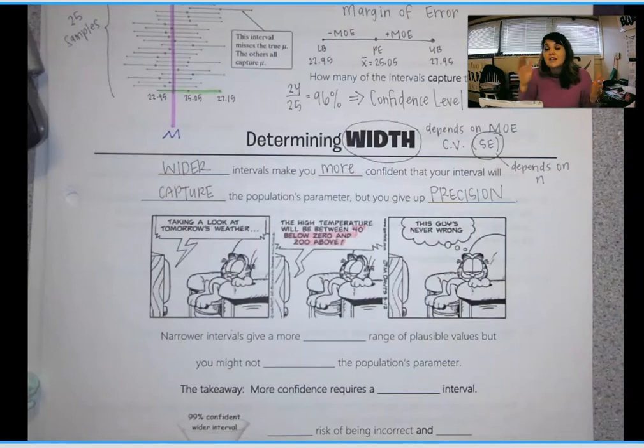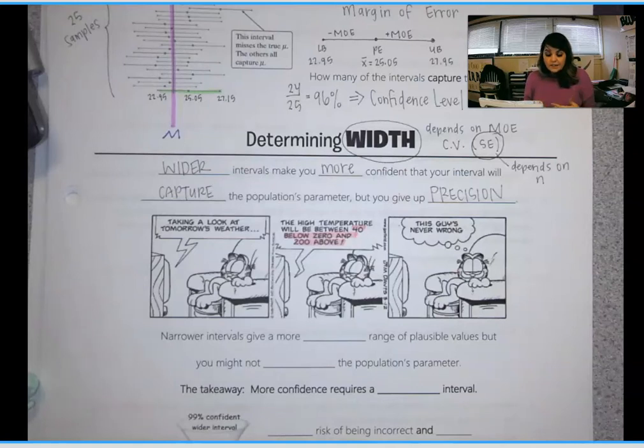And it works the other way as well. The more precise you are, the higher the chance that you're not going to capture the true mu. So it's like a double-edged sword. If you want to be really certain, you lose precision because it's really wide. And if you want to be precise, you are risking that you won't capture the true value.